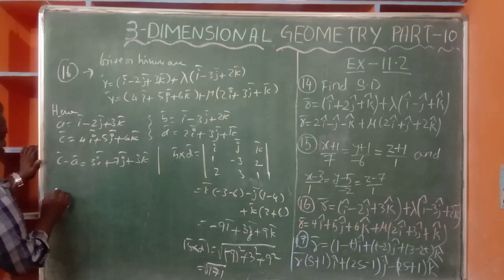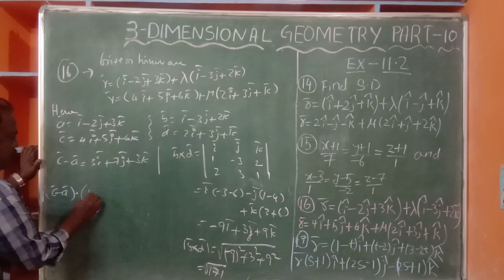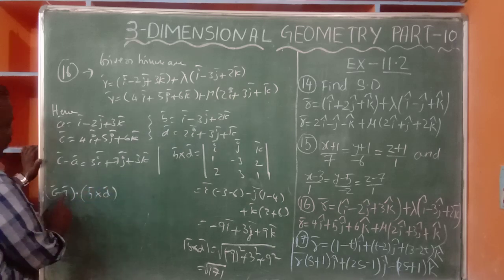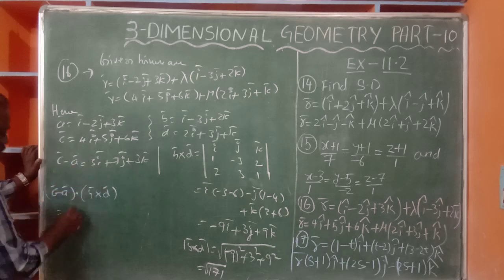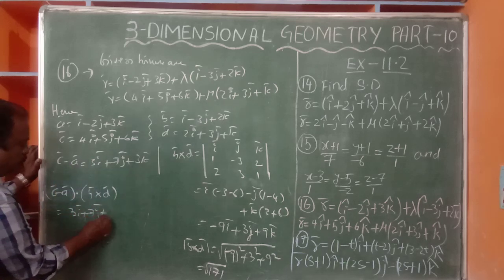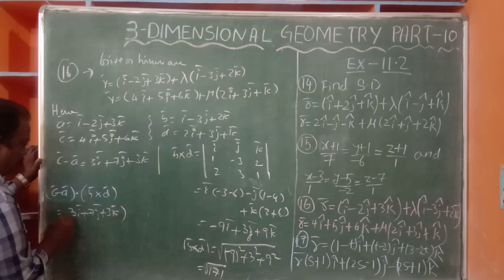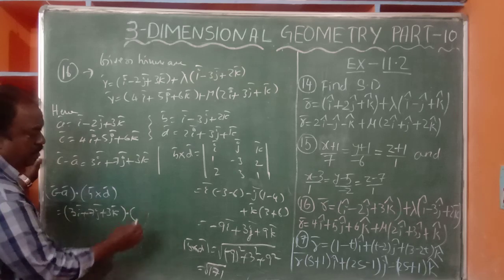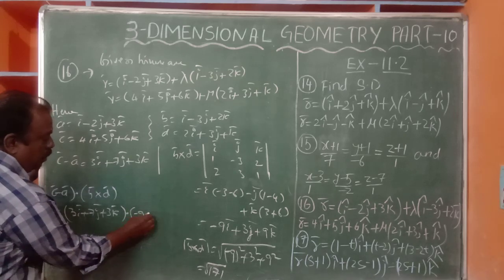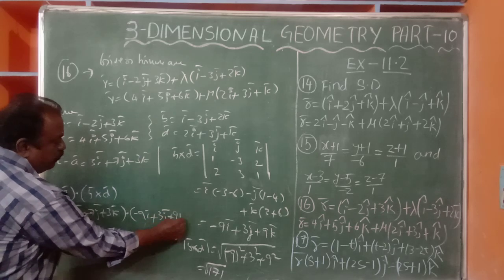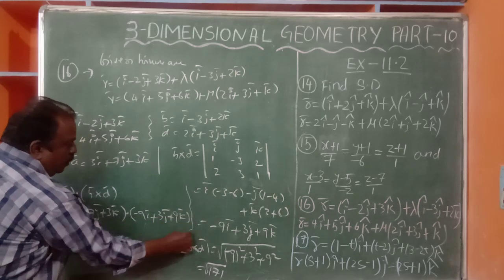Again, we find c bar minus a bar dot of b bar cross d bar. c bar minus a bar is already there: 3i plus 7j plus 3k dot of b bar cross d bar, which is minus 9i plus 3j plus 9k.